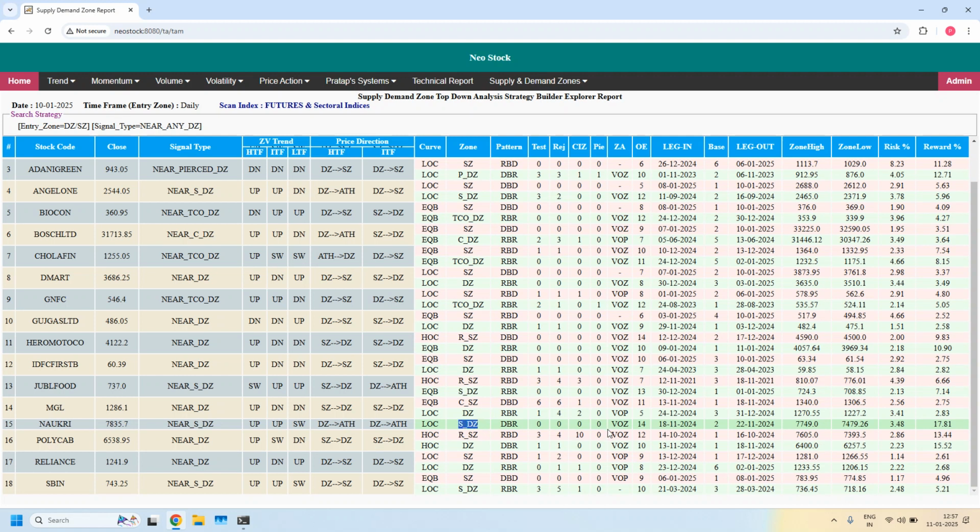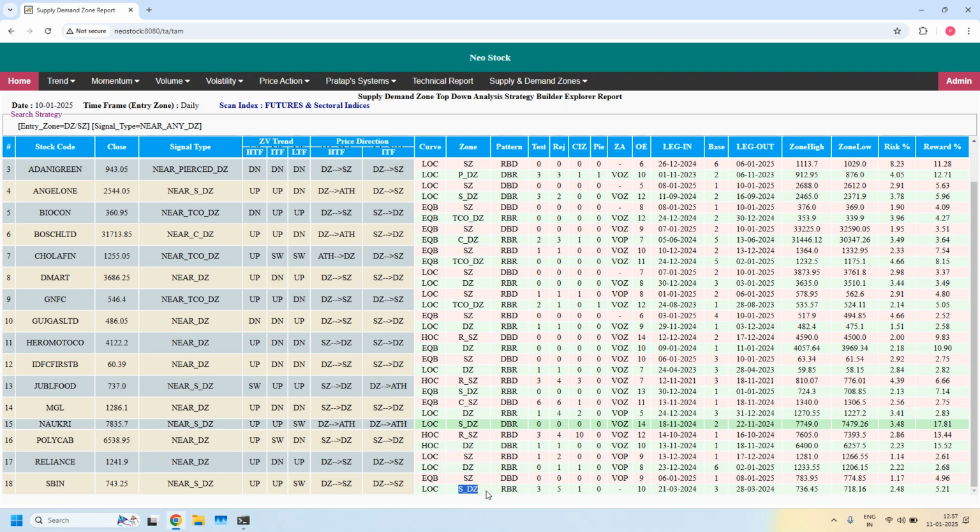Naukri is having a high liquidity zone, but this is the all-time high daily high liquidity zone. And State Bank is having a high liquidity zone. I remember earlier State Bank had a pierced zone. Maybe a new zone might have been created. Or maybe the pierced zone of State Bank would have been completely violated. Either thing would have happened.